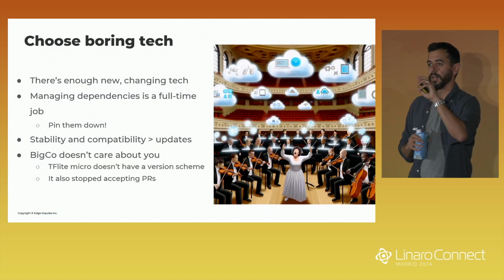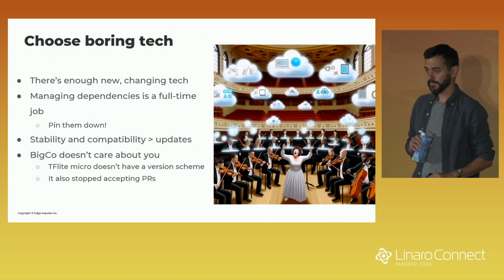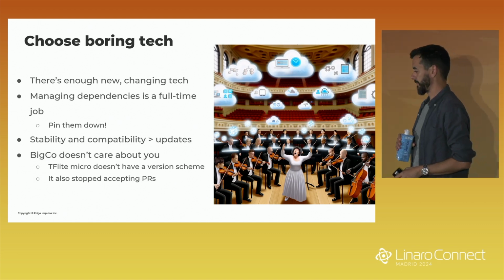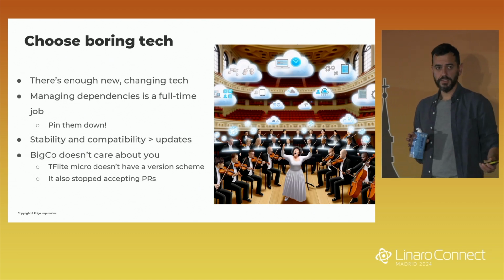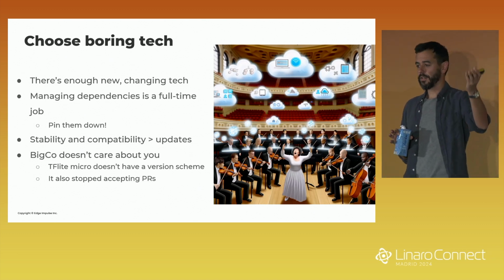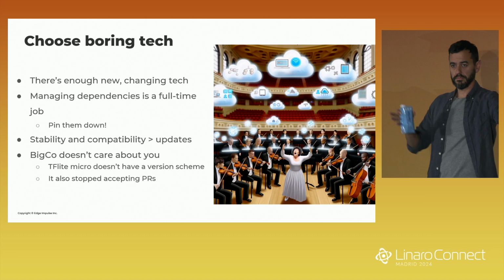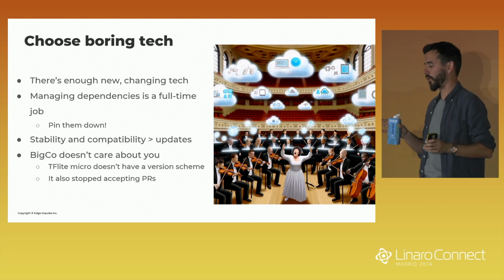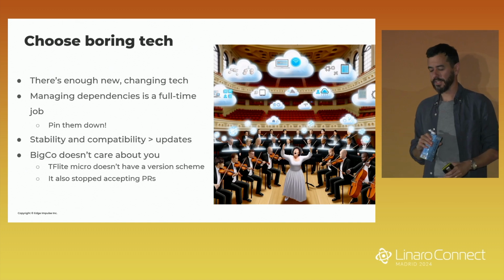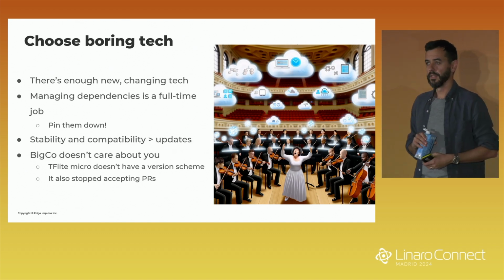Another lesson we've learned is choose boring tech, especially in this field. At Edge Impulse, we're at the state of the art of both ML and embedded. We don't need more tech, more states of the art. This is enough for us.